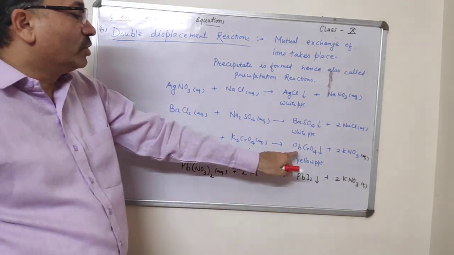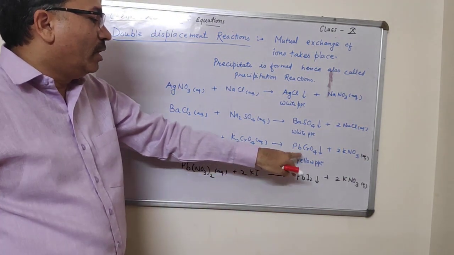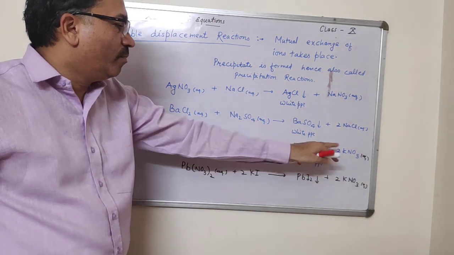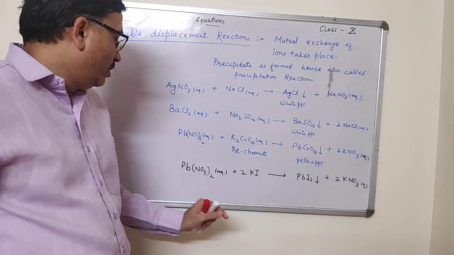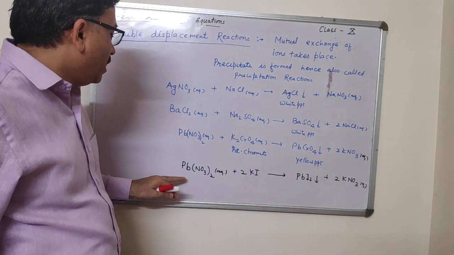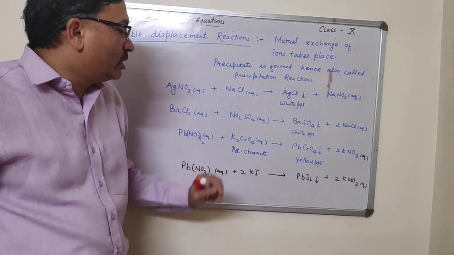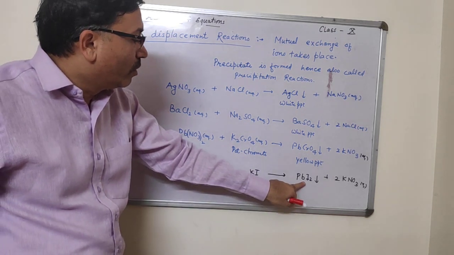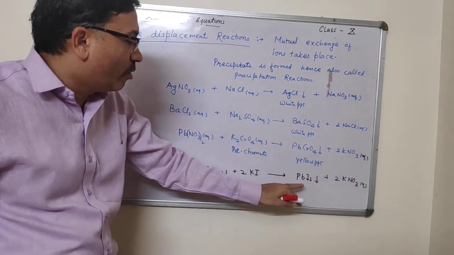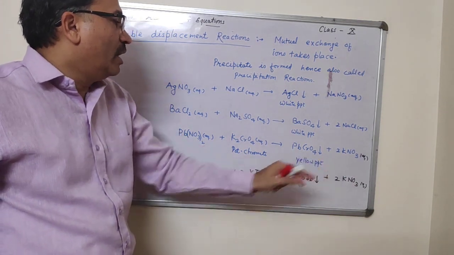There will be formation of a yellow precipitate of lead chromate, PbCrO4, plus KNO3. Similarly, if I take lead nitrate and potassium iodide, there will be formation of a yellow precipitate of lead iodide, PbI2, and KNO3.